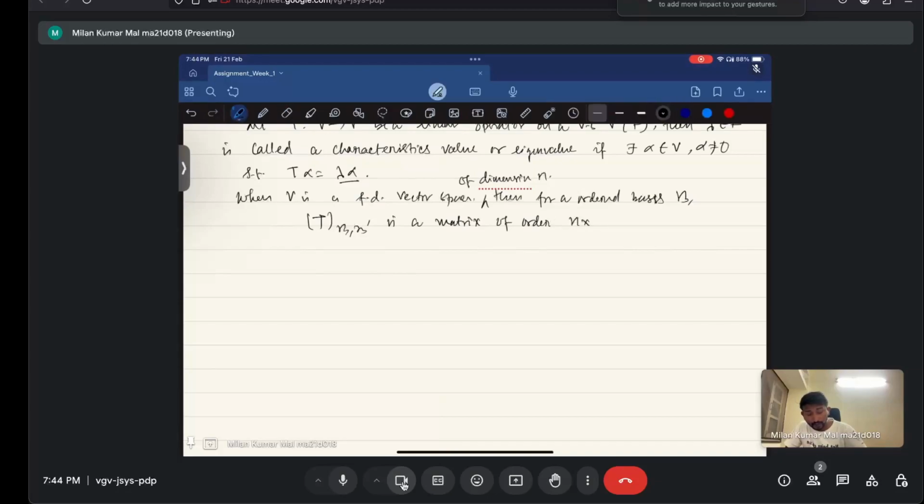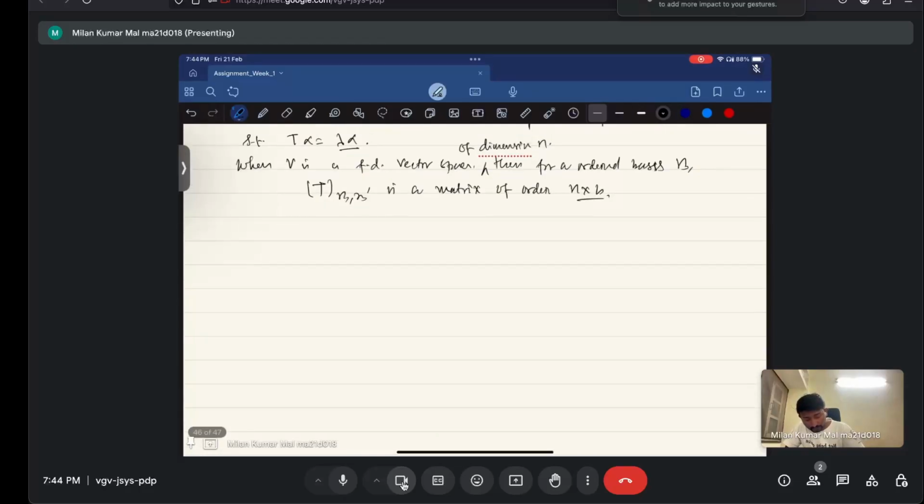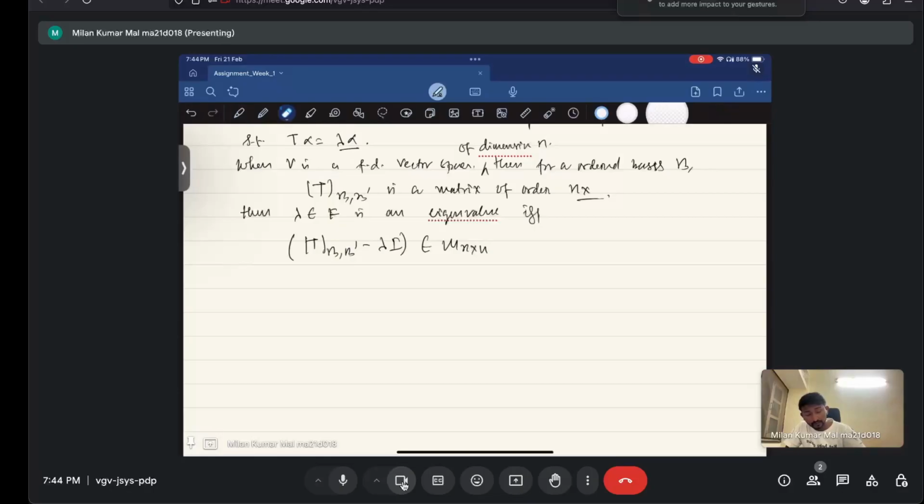In that case, lambda belonging to F is an eigenvalue if and only if the matrix of T minus lambda I is singular, or not invertible.